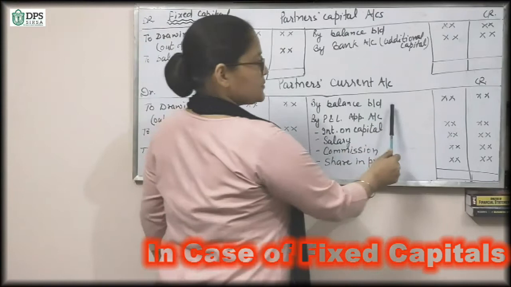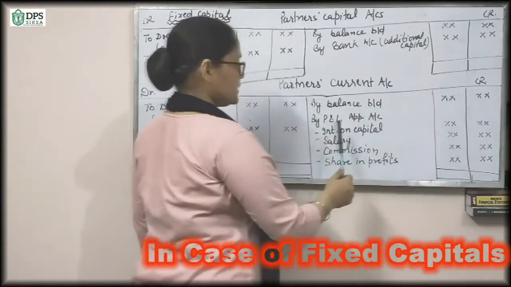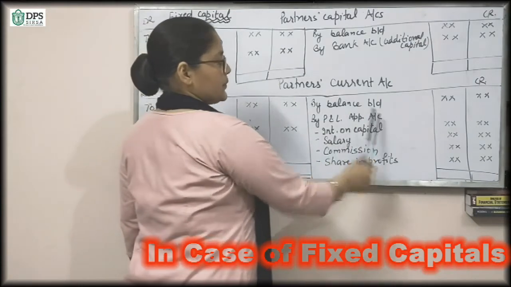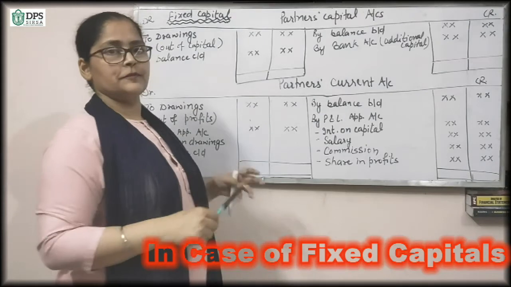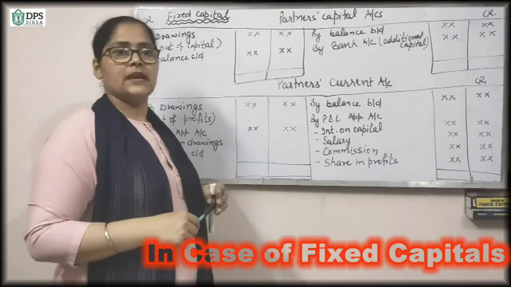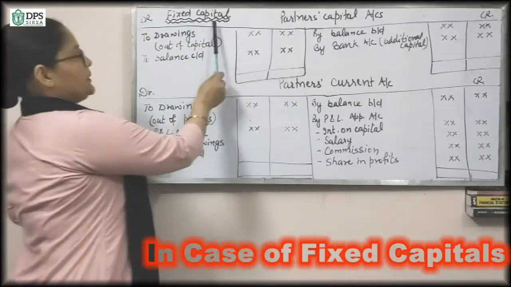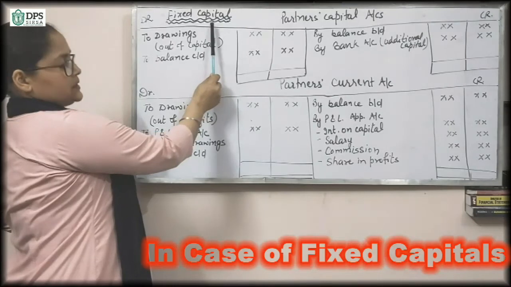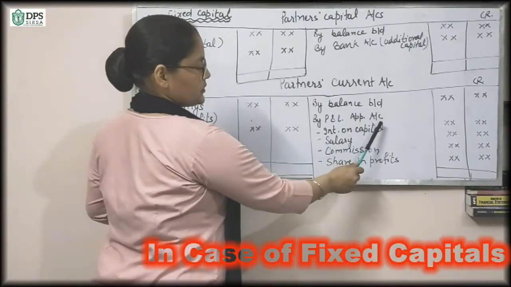By balance brought down, this is the balancing figure of the current account. By P&L appropriation account: all those appropriations that we were first writing in the partner's capital account in the fluctuating capital case will come here in fixed capital, by P&L appropriation account.